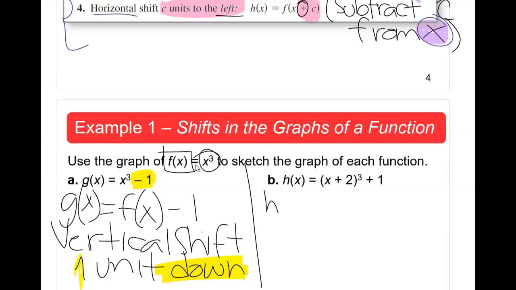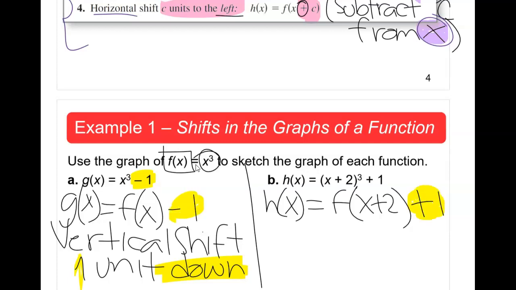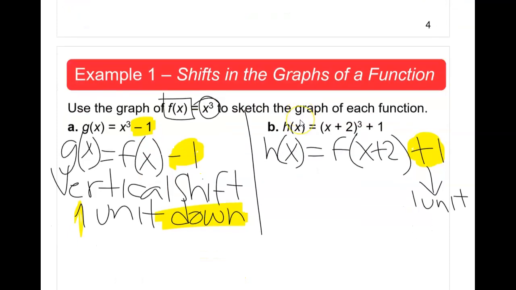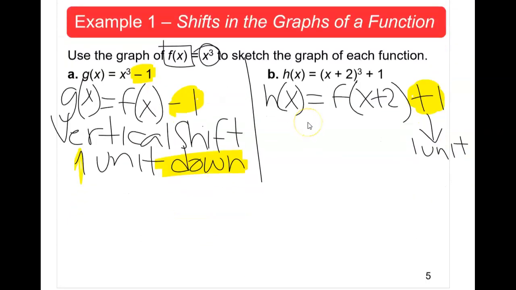So let's see, h of x is going to be equal to, this is like we have f of x plus 2 and then a plus 1. So it's pretty obvious that the plus 1 in this case is causing the vertical shifting. So this is going to be 1 unit up.